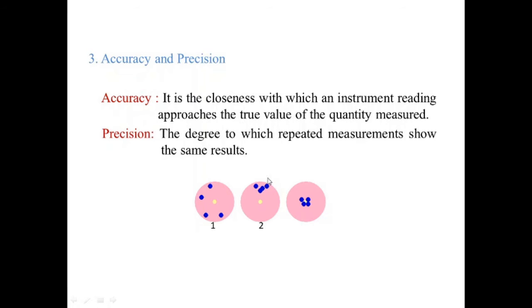But the measured values are very near each other, almost reproducing the same impact, so it is precise. The second one is not accurate, but highly precise. And in the third one, the measured values are very near the true value and also very near each other. So in the third case, it is accurate as well as precise.